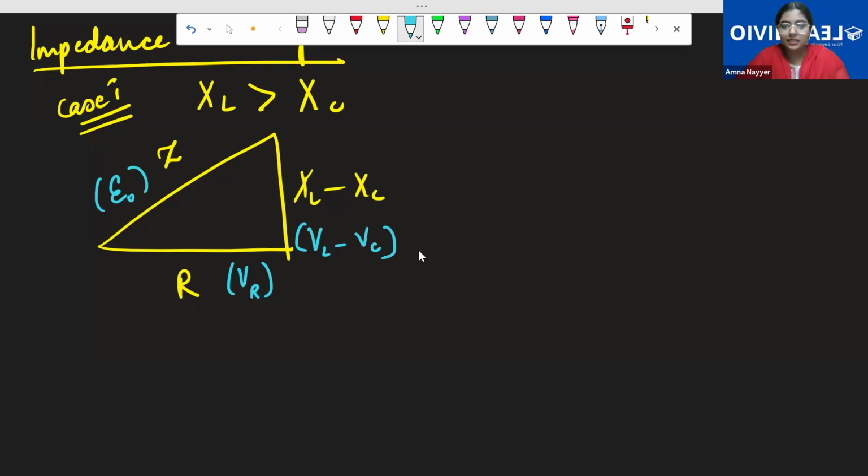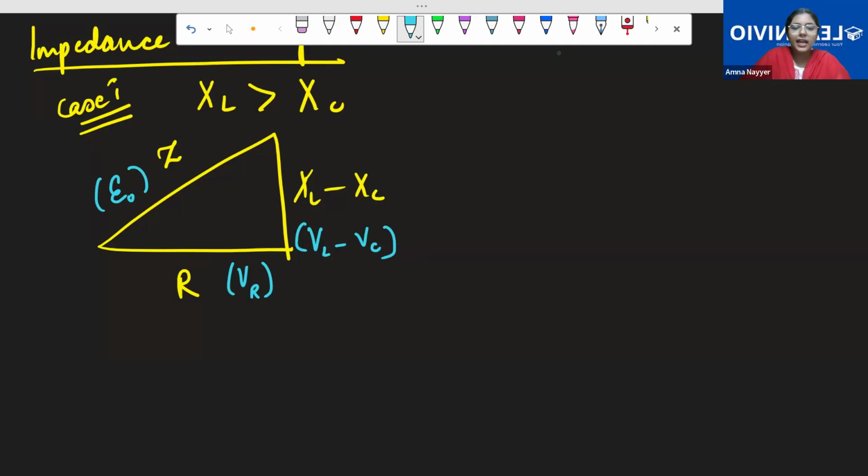Impedance means resistance. But here, resistance of what? Impedance here in physics is used specifically for the resistance of the LCR circuit, because three individual resistors are there: XL, XC, and R. But in literal terms, impedance means resistance.